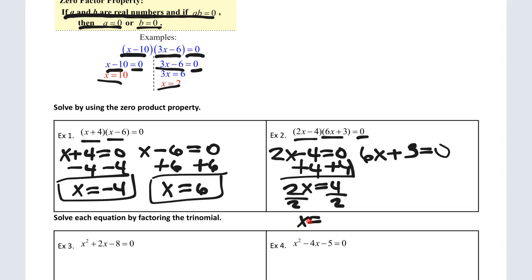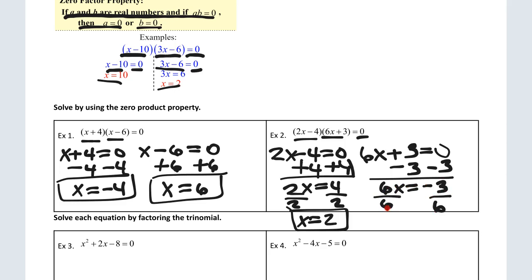As per isolating x, x equals 2. And then subtract 3 on both sides of the equation. Then divide both sides by 6. Reduce -3/6 to -1/2.